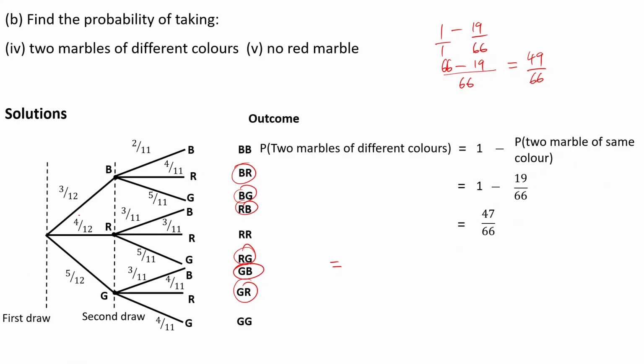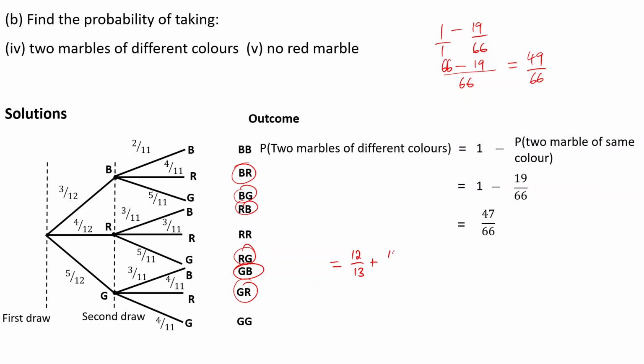For this one, you are going to say 3 times 4, which will be 12 over 132. So 12 over 132, then plus, you come to this one, this times this, or this times again this one here, which will be 15 over 132.